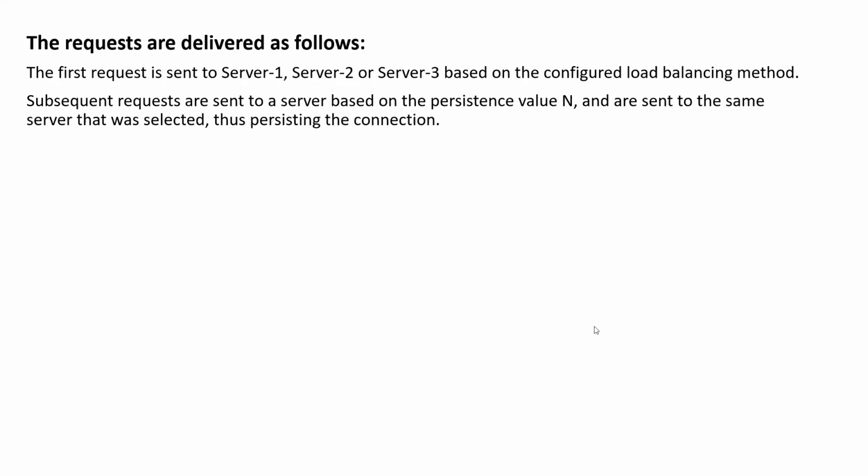This way we will maintain the same session across all the web requests, not only from a single browser but across different requests sent to the load balancer. This way we will avoid session bouncing and problems of session when the application is used purely on the session object from the first request. So these are the persistent method types available in the load balancer, and this way we maintain the connection as persistent for the web request.